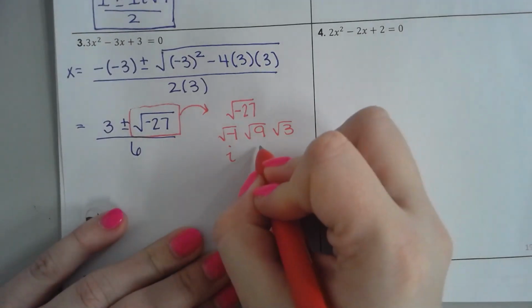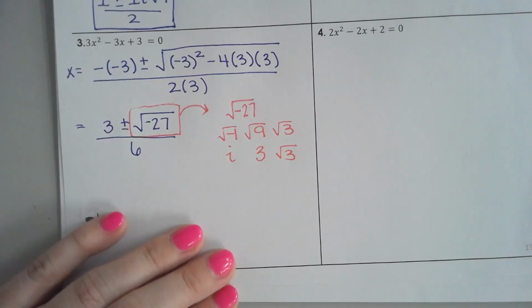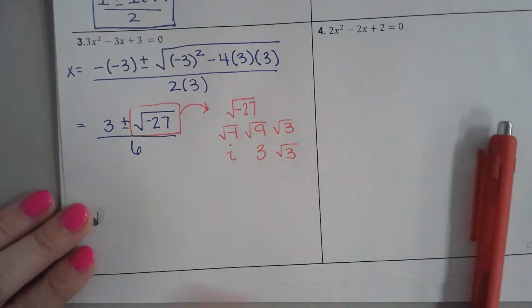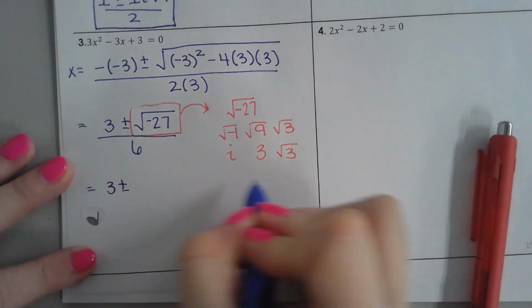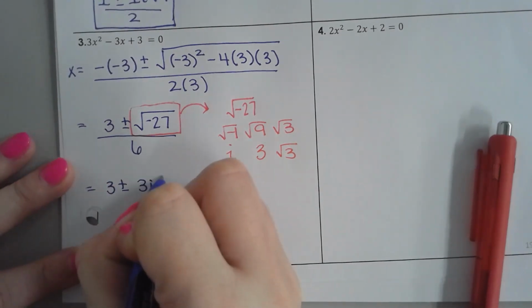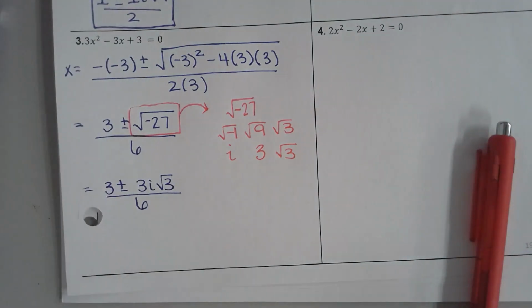Square root of 9? 3, and then the square root of 3 stays. So this becomes 3 plus or minus 3i square root of 3 over 6.